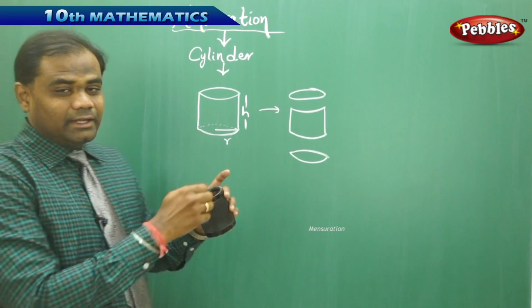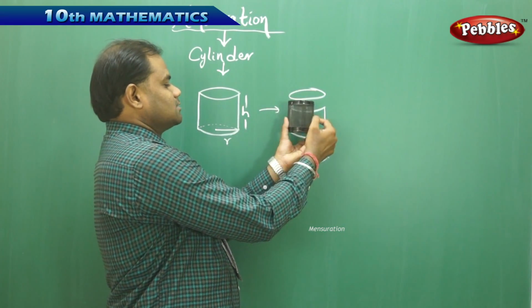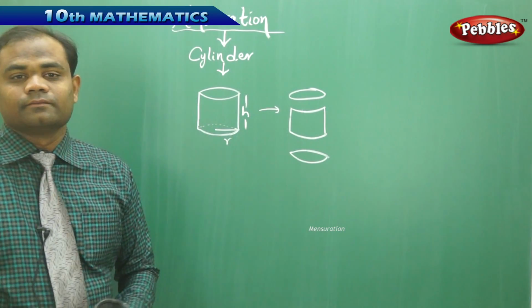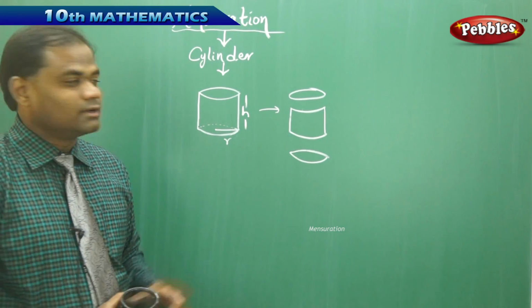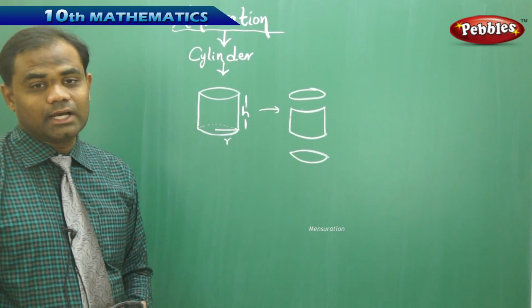When I divide the region, the upper part comes out as a circle, this curved surface comes in the middle, and the lower part, which is a circle, comes down. This is how we understand the cylinder with three basic structures: one is the circle, one is the curved part, and one is the other circle.